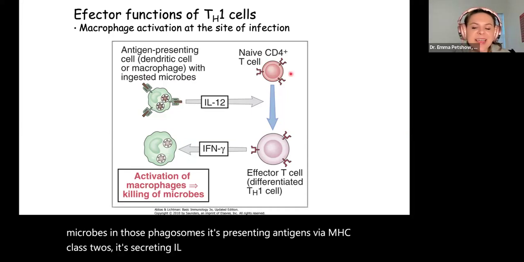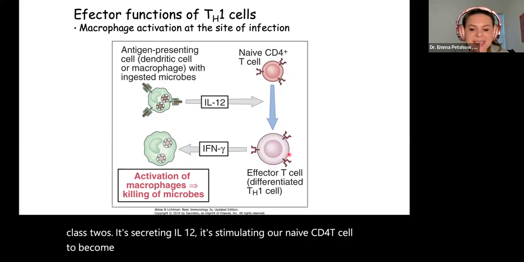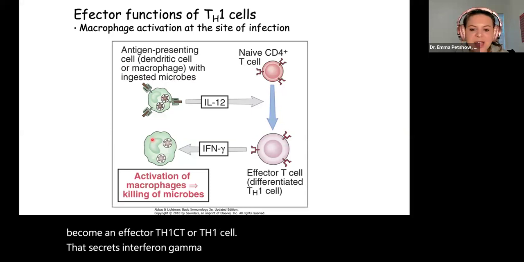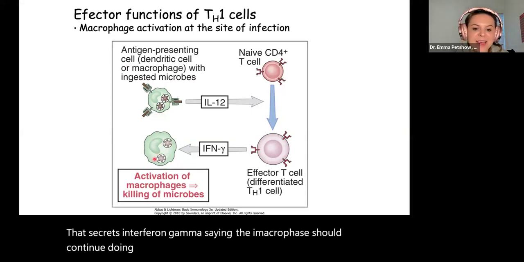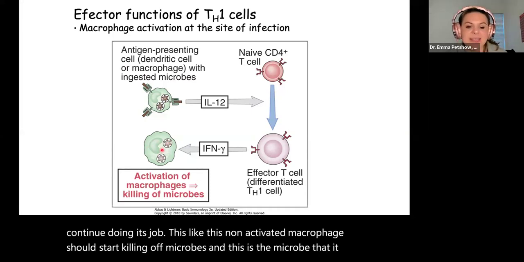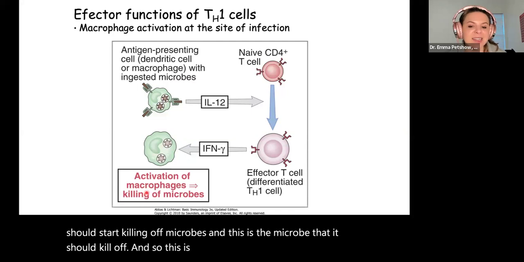It's stimulating our naive CD4 T cell to become an effector Th1 cell that secretes interferon gamma, saying the macrophage should continue doing its job. This non-activated macrophage should start killing off microbes, and this is the microbe that it should kill off. And so this is going to upregulate our macrophage's activation.